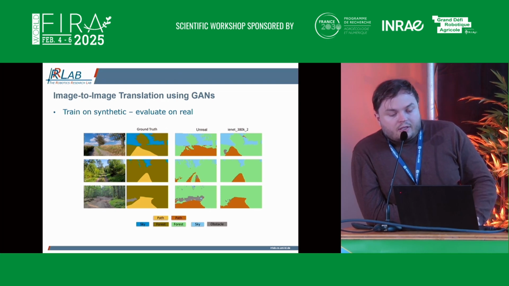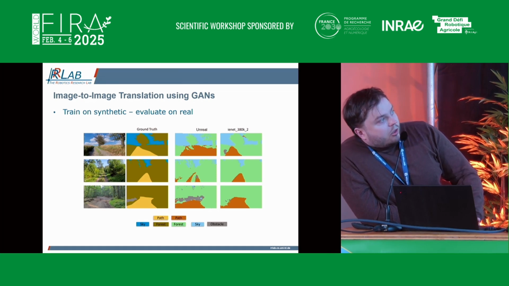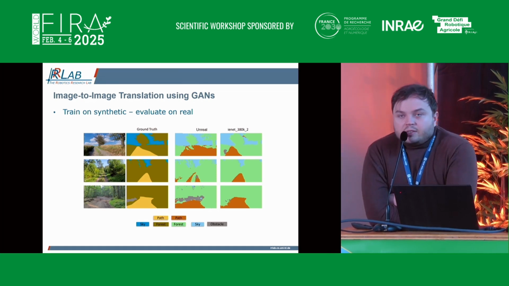And here we see on the left, you cannot see my cursor, okay. But the third column where it says unreal, this is a neural network trained just on this fake data, just how it comes out from the simulation. And compared to the ground truth that we see on the left, it's so-so.